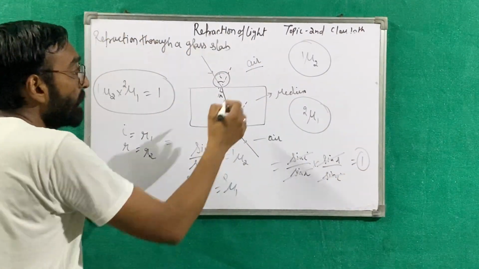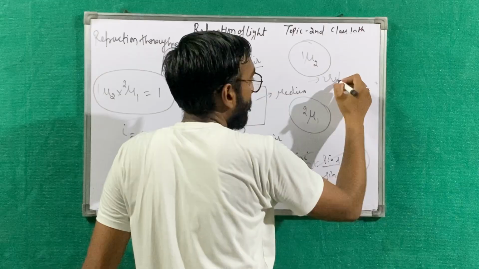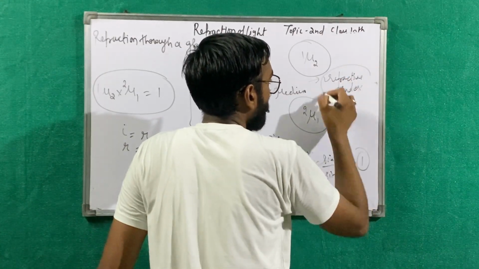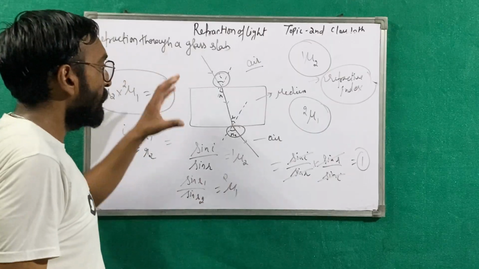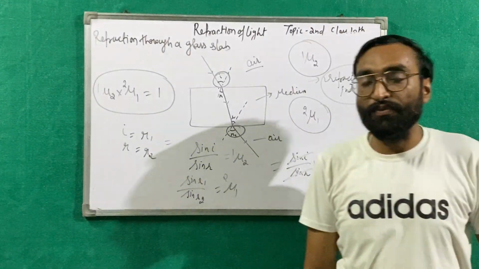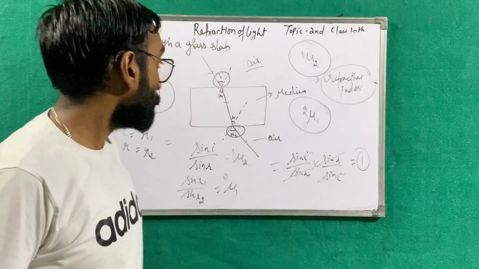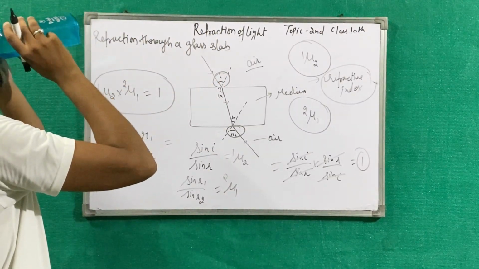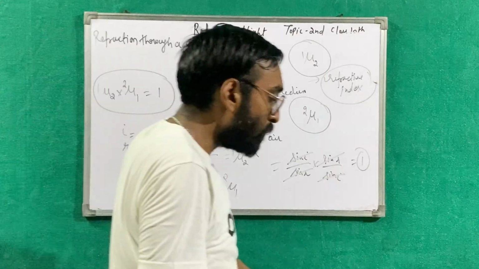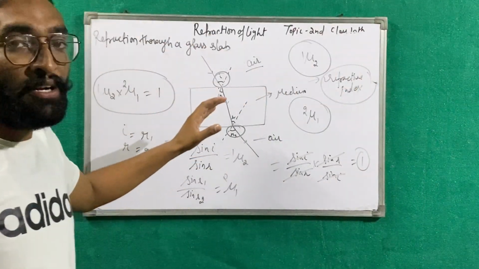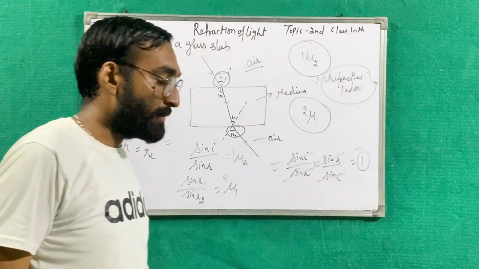So this is totally a game of refractive index, a phenomenon in which light that strikes on the surface of a glass slab will refract. So this is your glass slab experiment.